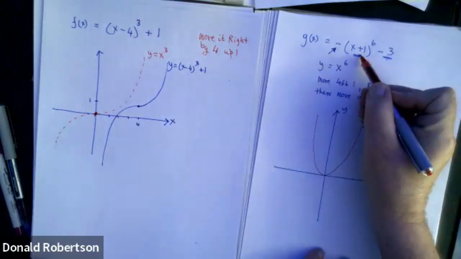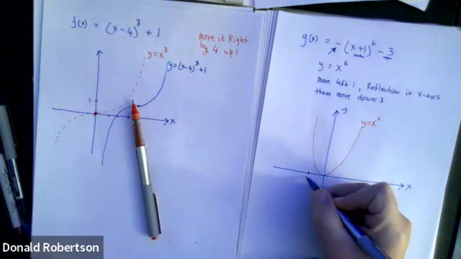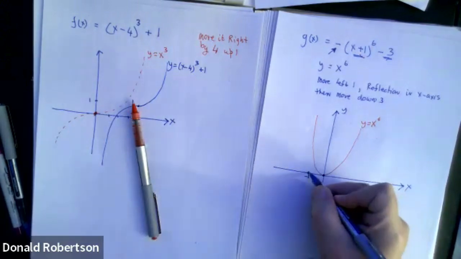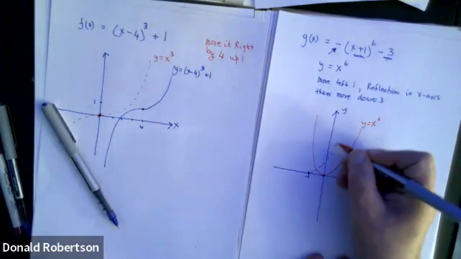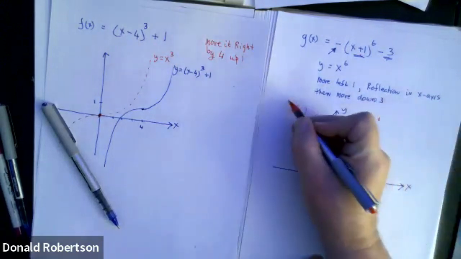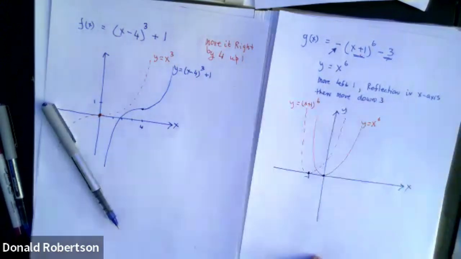Move it to the left 1, which means take the point there and move it to here. So your guy would look something like this. And that's what (x plus 1) to the 6 would look like.